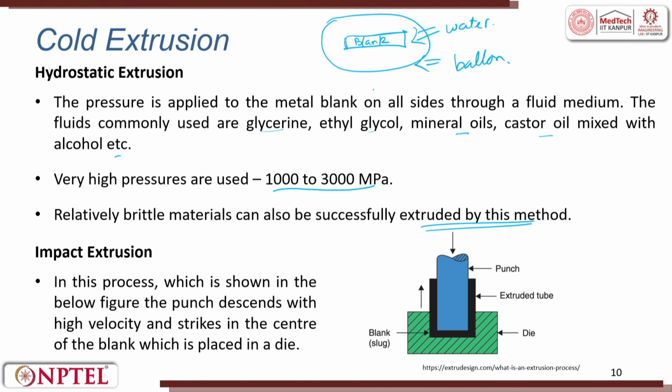Because of the hydrostatic pressure, the cracks which are seen on the surface of the brittle material always have high defect density. What is defect density or area defect density? In a given unit area, the number of defects is more. Now, when you try to extrude, these defects try to grow fast and crack, and it will break the material. Now, what is happening?